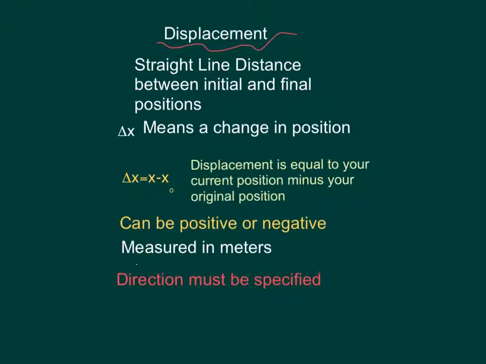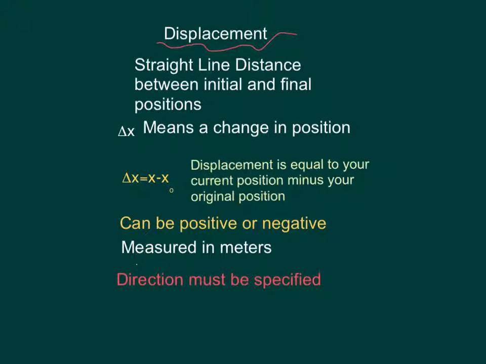The symbol for displacement will be the Greek letter delta followed by x. And the way we would read that is change in position. As we know probably from prior science classes, delta means change.